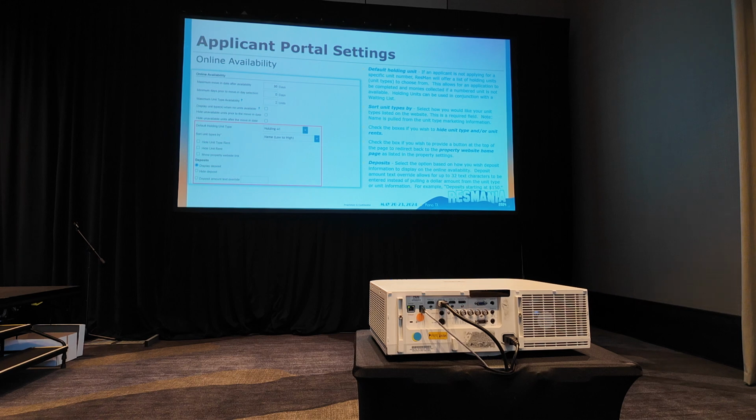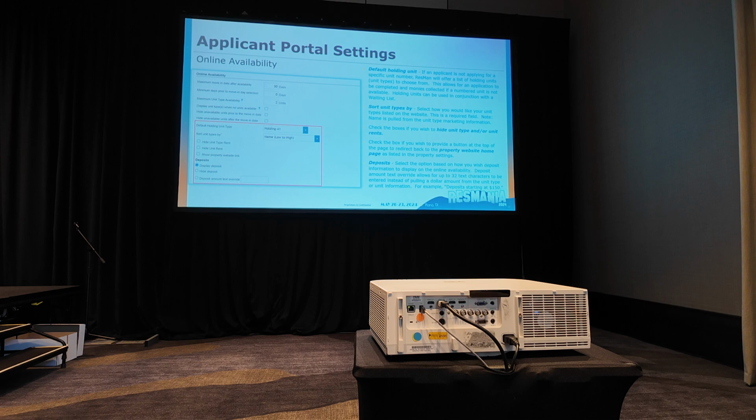So yes, maybe we don't have anything available in an A1 today, but we would like somebody to apply and put them maybe on a waiting list for a unit that's going to become available in the future. Anybody dealing with waiting lists at the unit type level? No? One or two?